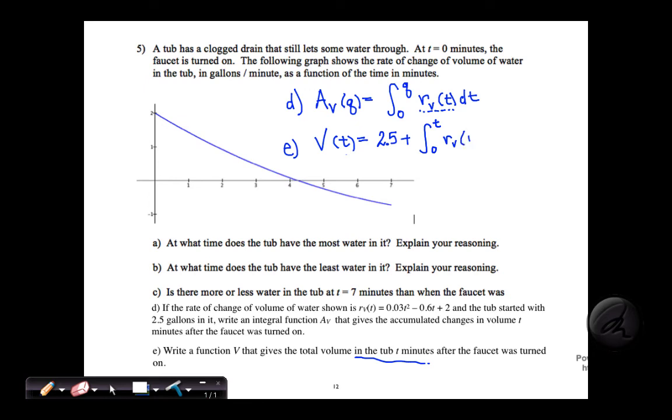So m, whatever letter you want. So m dx, a whole bunch of those summed up. Again, this integral sign represents summation. Y initial plus a whole bunch of MDXs. All of the different rates that exist between time 0 and a general time t due to this rate. And again, r sub v is given by this quadratic function here.